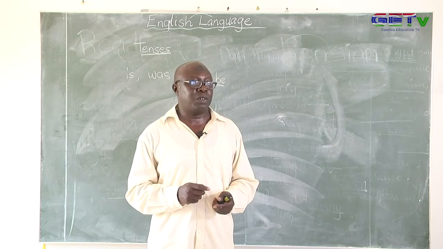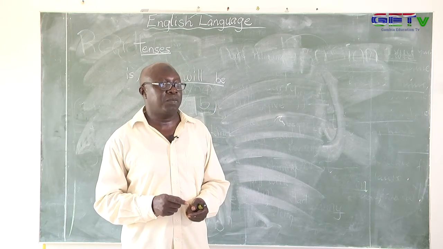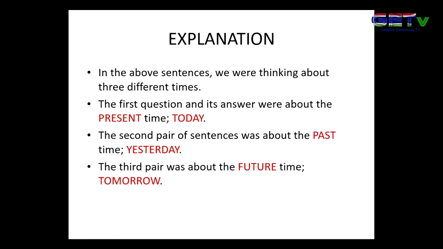Now, the first question and its answer were about the present time, that is today. The second pair of sentences was about the past time, yesterday. The third pair was about the future time, tomorrow. So you have three different times in these three different questions and answers.